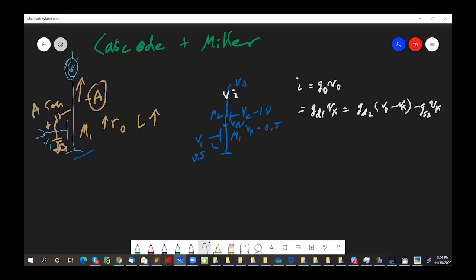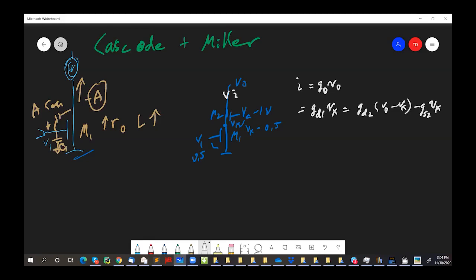Is that clear? Maybe I'm a bit confused with this because if we set the current from the top and we set the gate of the cascode transistor, the Vx should be sort of clamped to a certain value, right? We're not really setting the current. We're asking if we change VO, how much does I change?